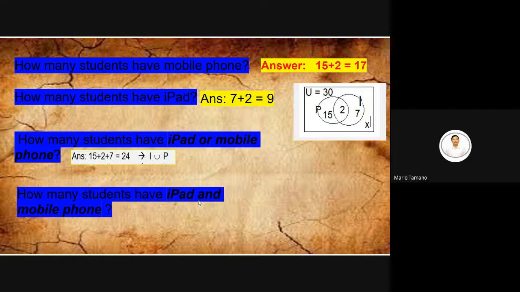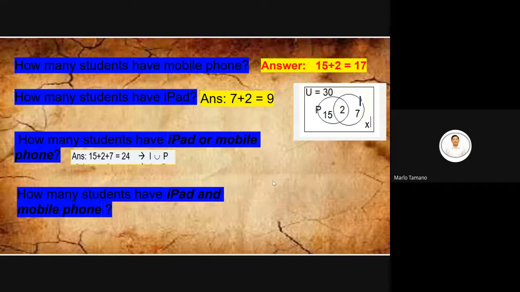Next, how many students have iPad and mobile phone? Mateo, 2 po. How did you know, Mateo? Hinulaan mo lang ba or talagang alam mo?